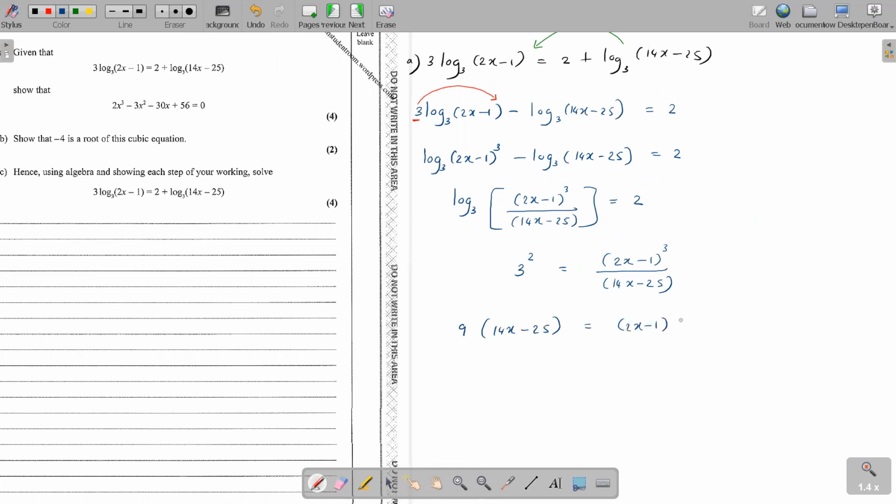(2x minus 1) cubed, you could expand using binomial expansion, or you could do it manually. So I'll just open manually.